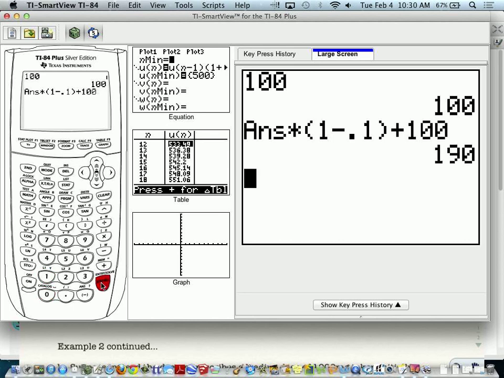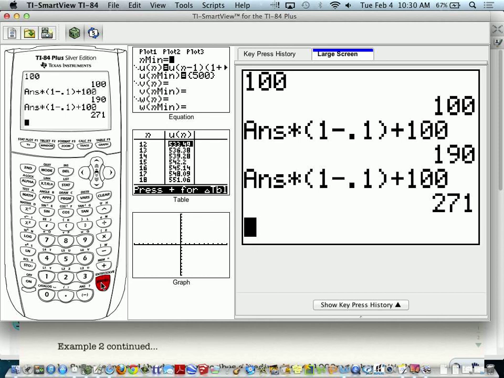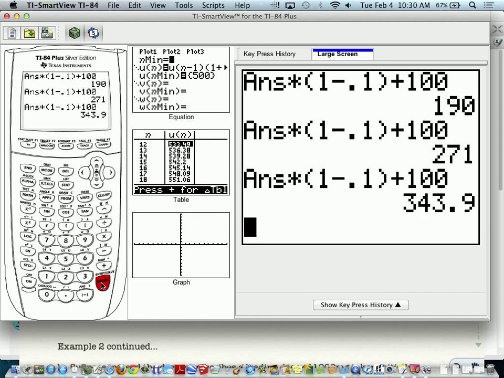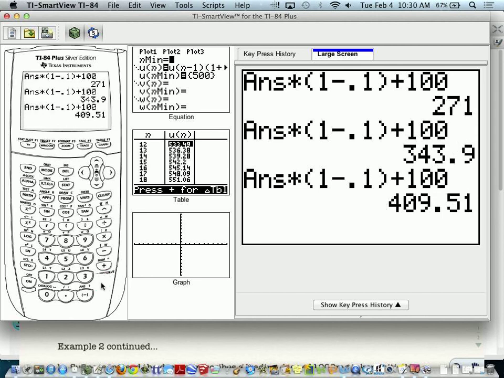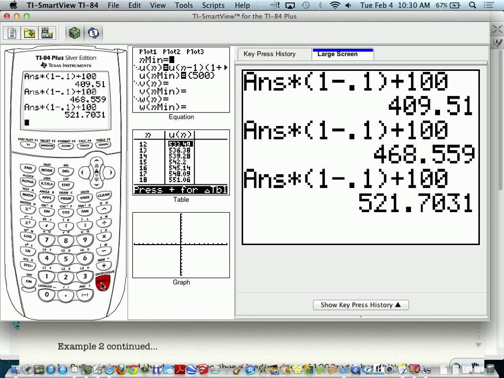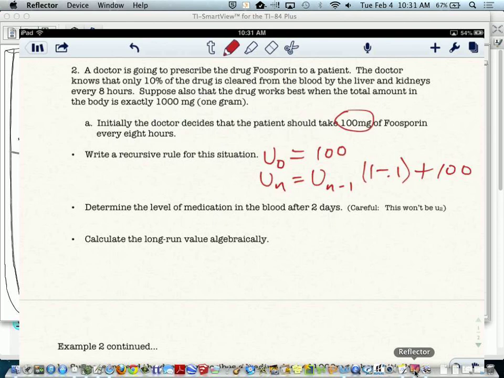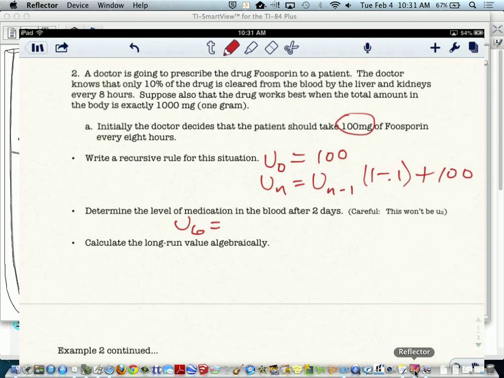Now when you hit enter, that's the first 8 hours, second 8 hours, third set of 8 hours. So that's 1 day. And so what we have to do is 4, 5, 6. So on this particular problem, we're getting about 521.7, but that's u sub 6.